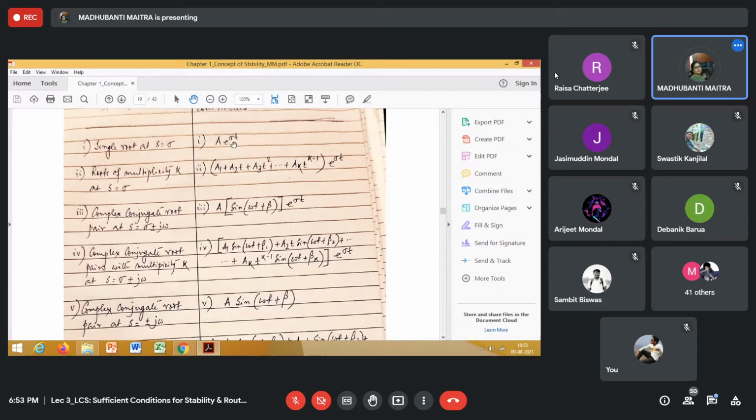In contrast, if sigma is negative, then as t tends to infinity, what will be the value of this term?